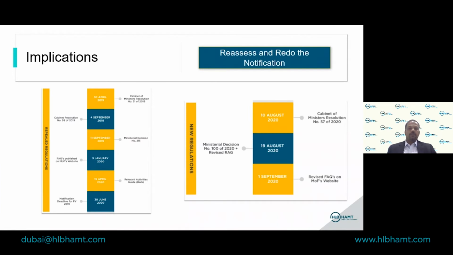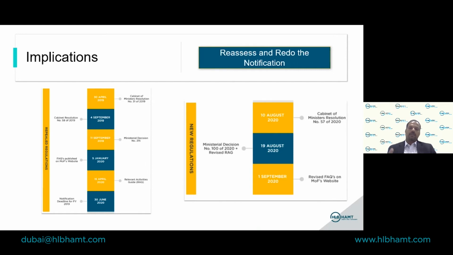If you look at the second change, this is again an explanation or an extension of the evolution. The regulations 1, 2, 3, 4 were issued in 2019, and on the right-hand side you can see the regulations issued in 2020: 10th August, 19th August, 1st September 2020.